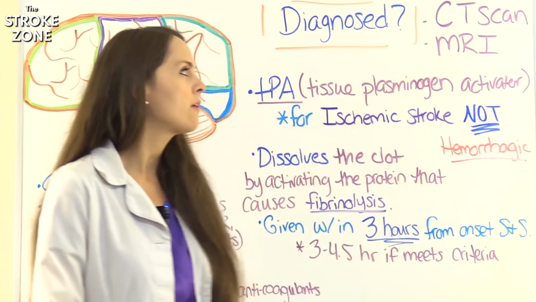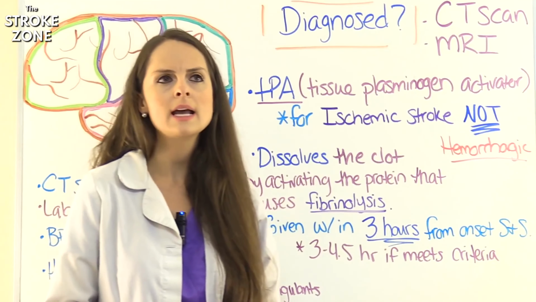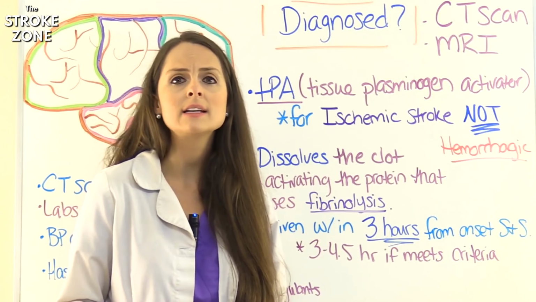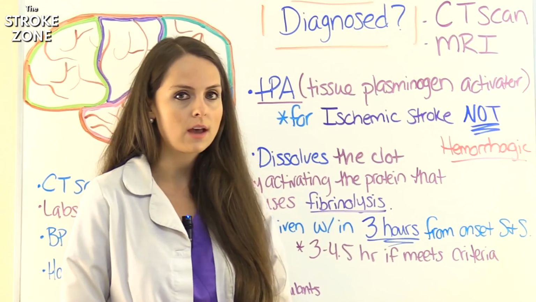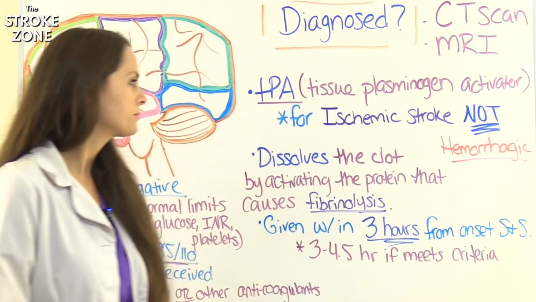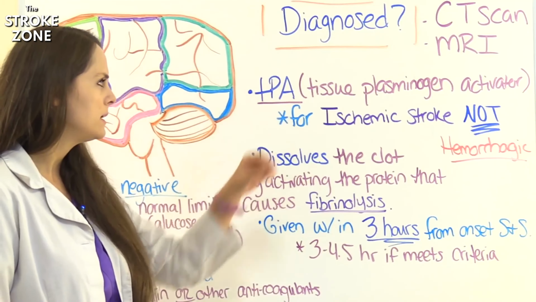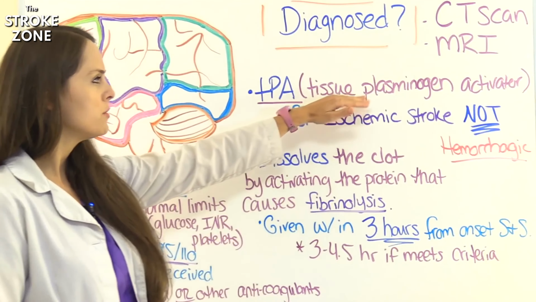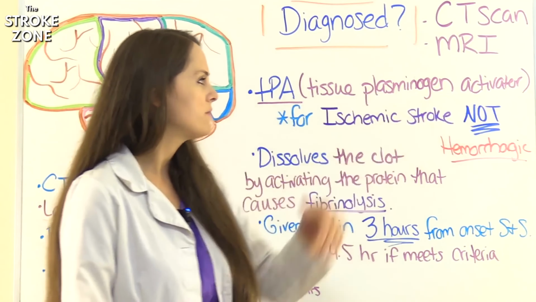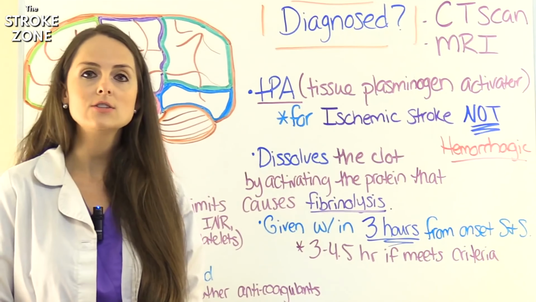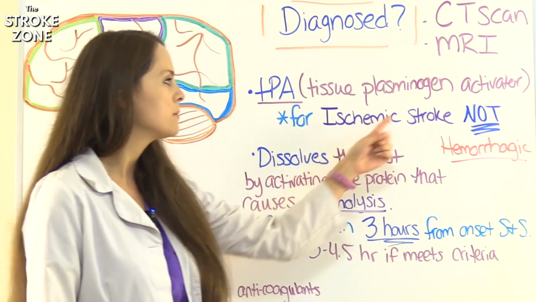Also, they can have what's called an MRI, look at the brain, see what lobes and areas of the brain have been affected by the stroke. That can help with diagnosing it. So let's talk about TPA. This is tissue plasminogen activator, and this is used only for ischemic strokes.